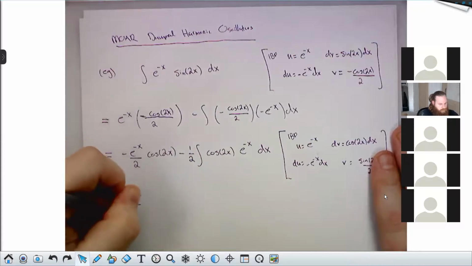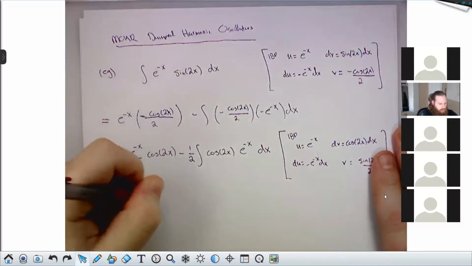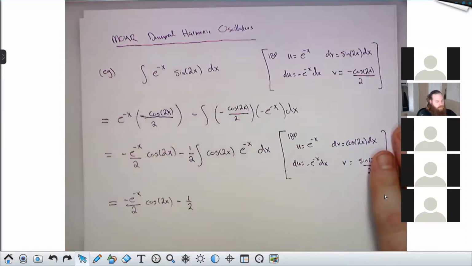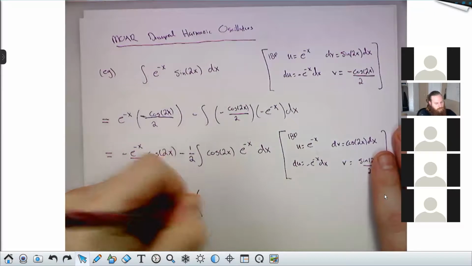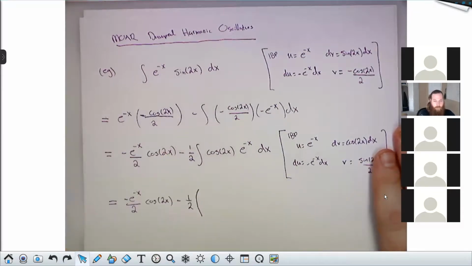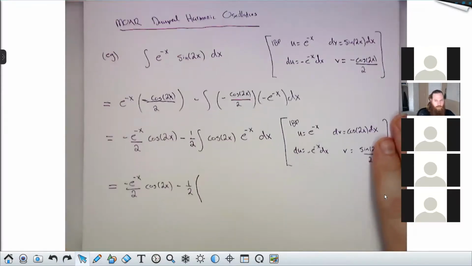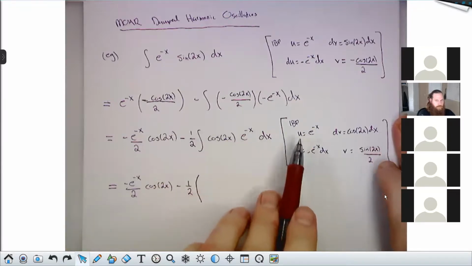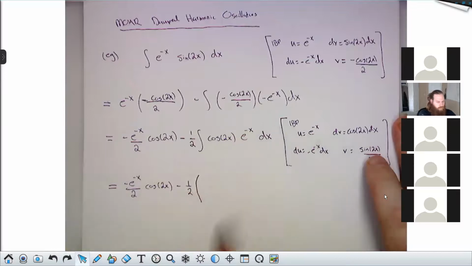Yes, your hand will get tired. Yes, it'll get cramped, but it's worth it. Now, minus 1/2, that integral is about to be replaced by a difference of 2 terms. So I need to make sure I open up a big paren. And then this integral from this IBP table is equal to u times v.